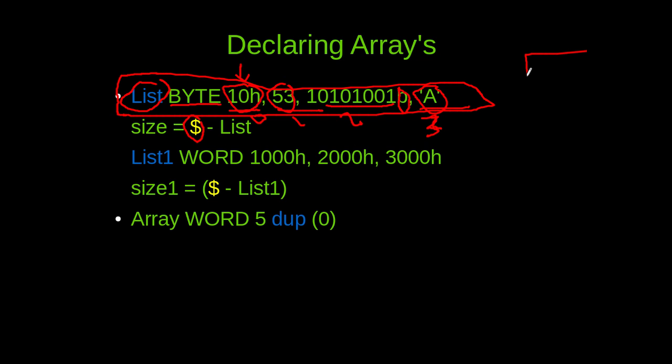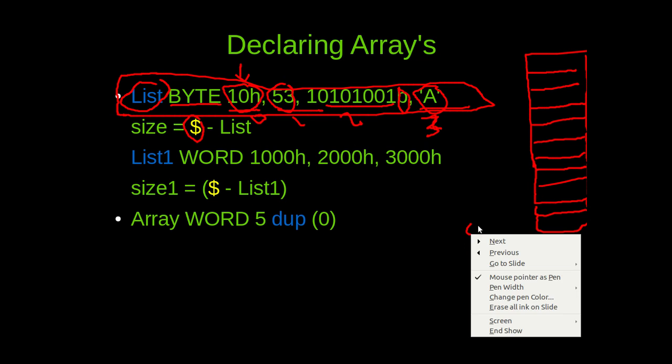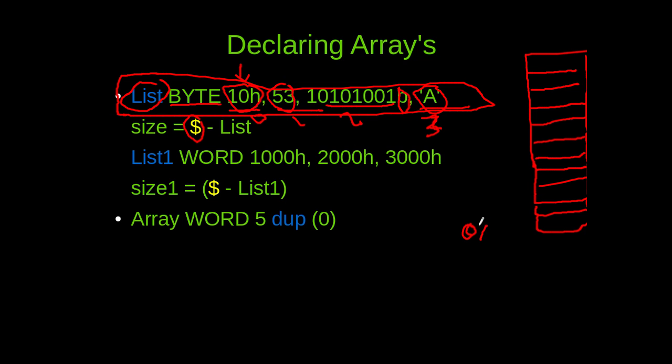So think of this. Let's draw the memory here. Well, it's out of ink. I'm going to try to squeeze in list 1 also, but we're going to need more space. Let's say this is address 0x0110.